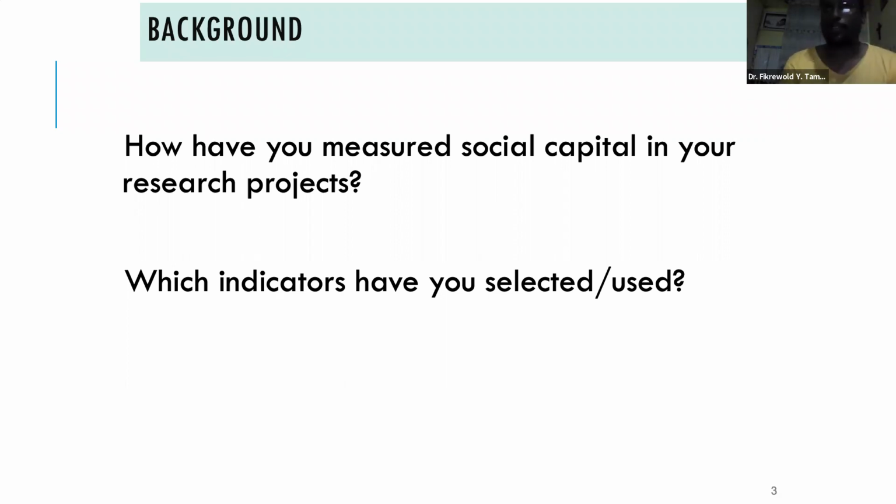And I tried to assess their distribution across different socio-economic groups in rural Ethiopia. So this was my research project on social capital, and these were the indicators that have been used to measure social capital. Okay, good.